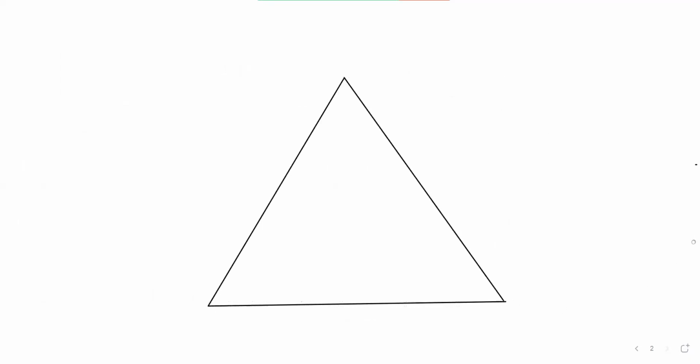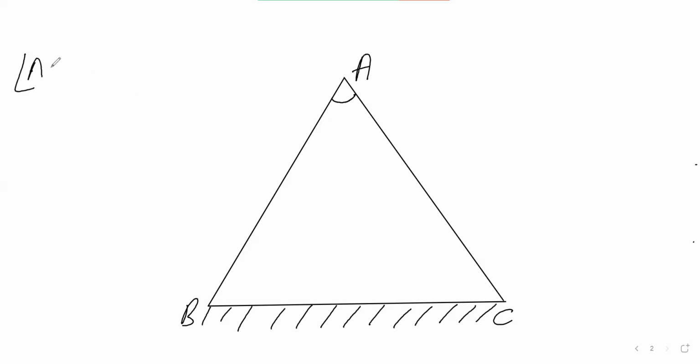So this is the prism A, B, C. Clear? BC is the base of the prism. A is the angle of the prism. Okay, we'll make it here. Write it down. A is the angle of the prism.